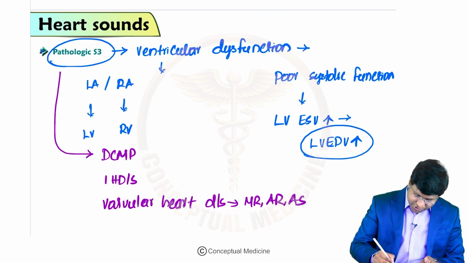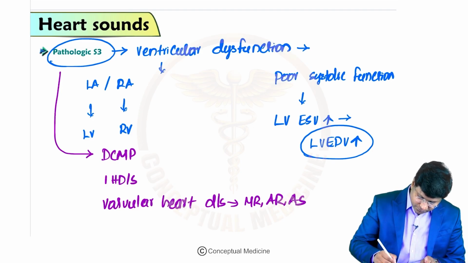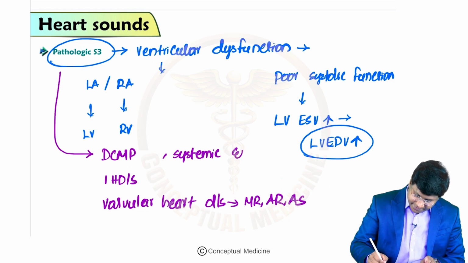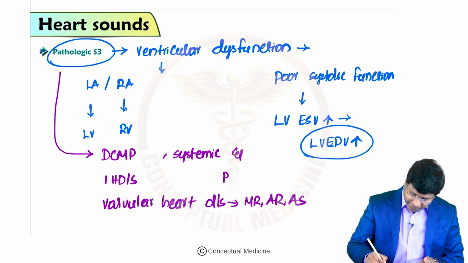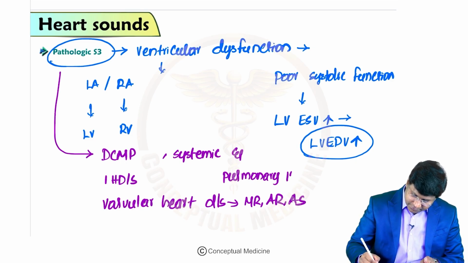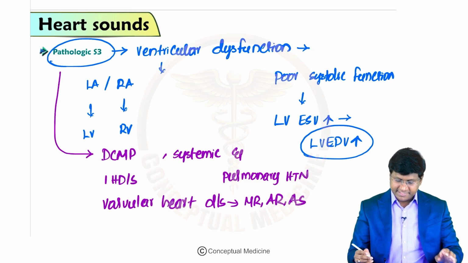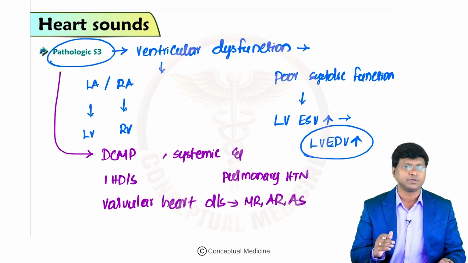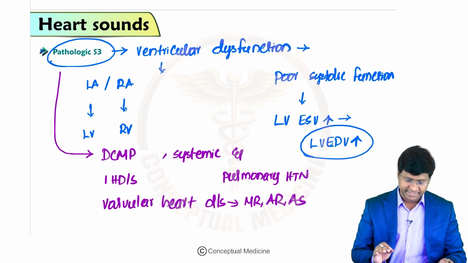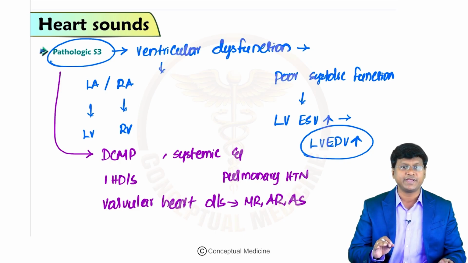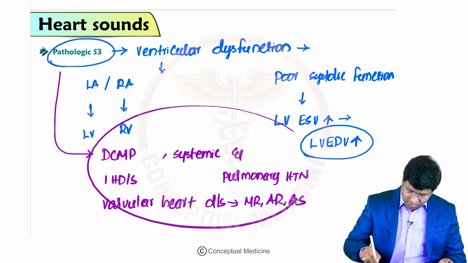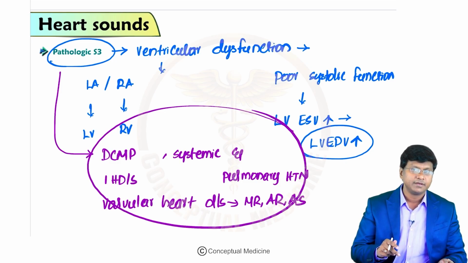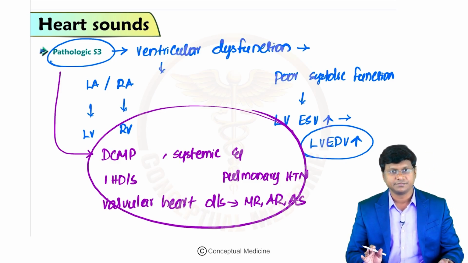Next, in patients with systemic as well as pulmonary hypertension, you have the presence of the pathological S3. So pathological S3 is present in clinical conditions where there is ventricular dysfunction, and these are all the conditions where there will be ventricular dysfunction.